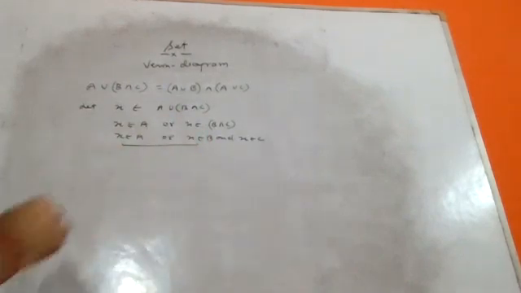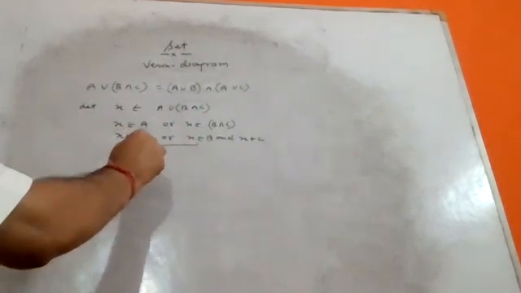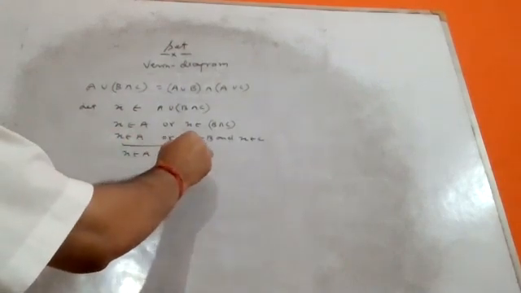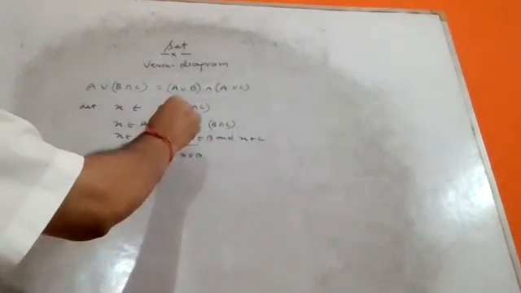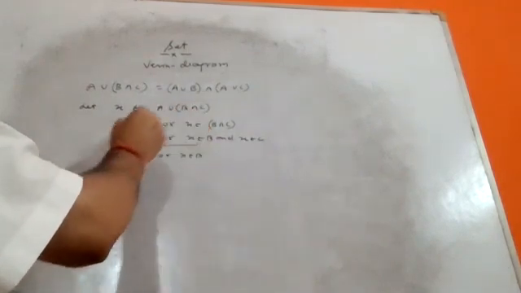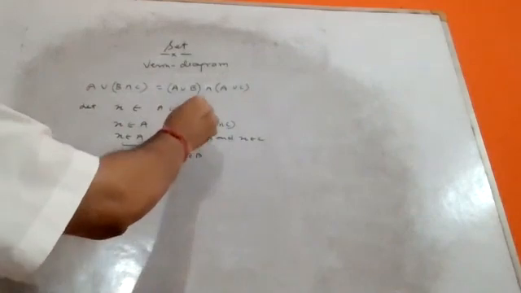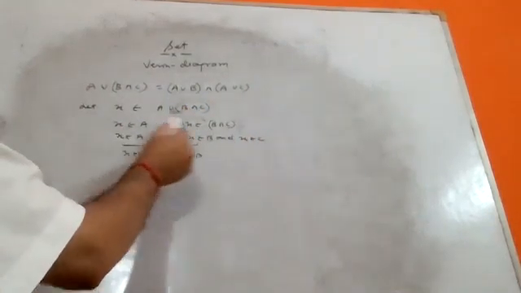So from these two scenarios, you can write X belongs to A or X belongs to B. This whole picture is this one: X belongs to A, and this one, in curly brackets, this belongs to this and this belongs to this.